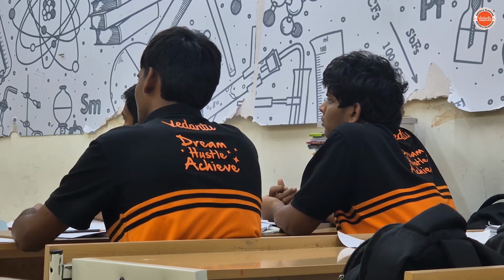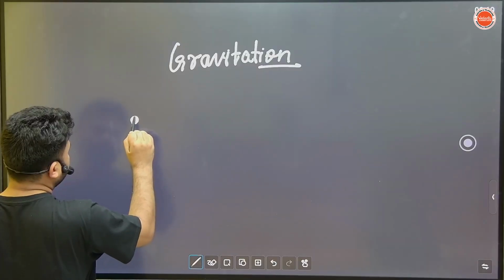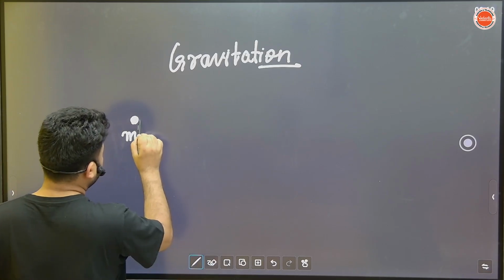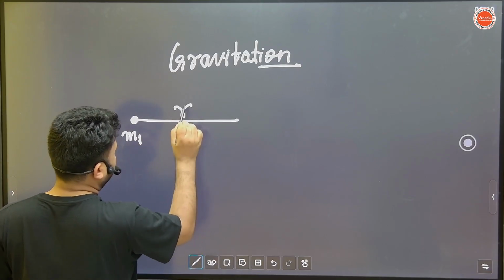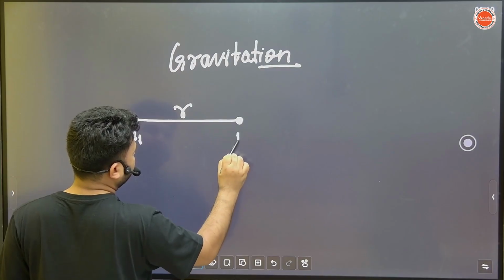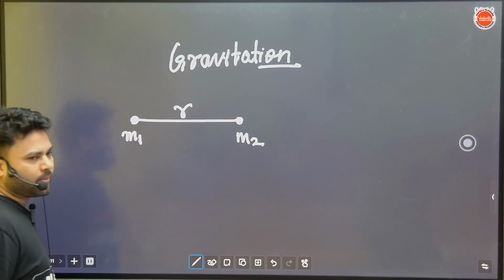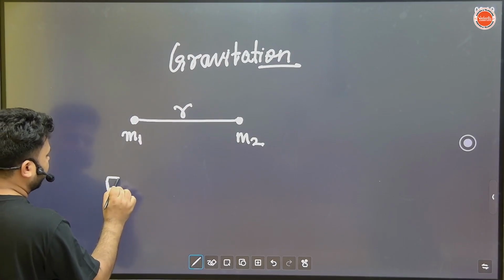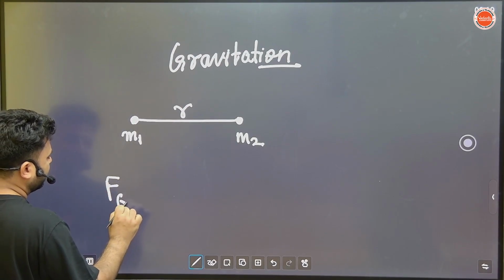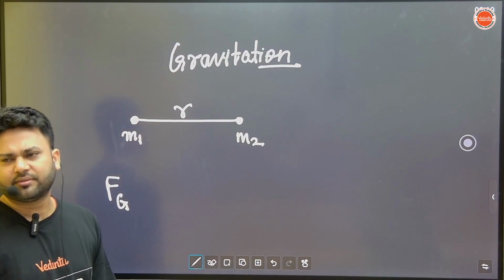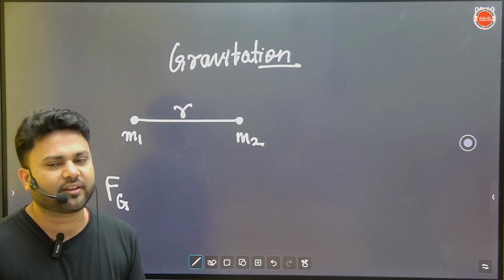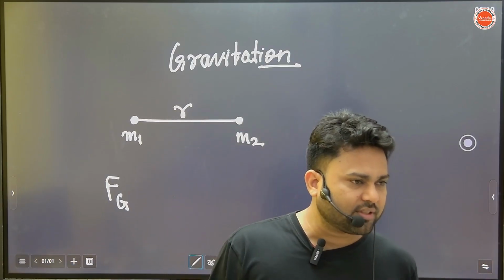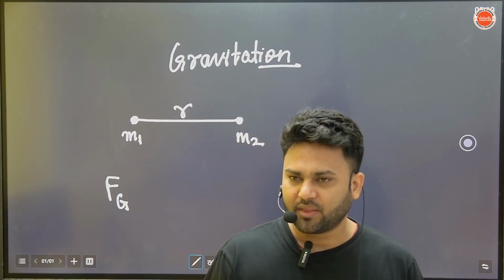Suppose we have one object having mass m1, and it is separated by a distance r from another object having mass m2. They will experience a force of attraction, or gravitational force of attraction. Every two objects in this universe attract each other, correct?